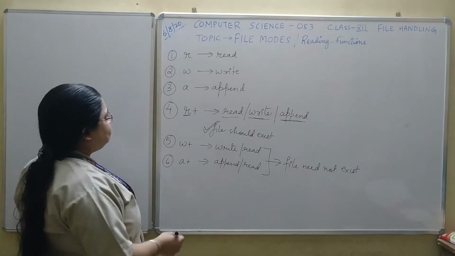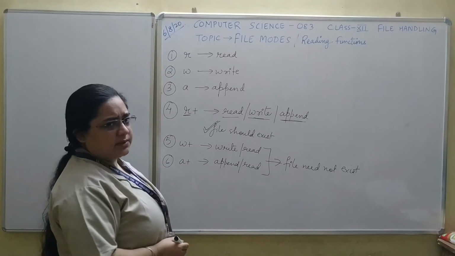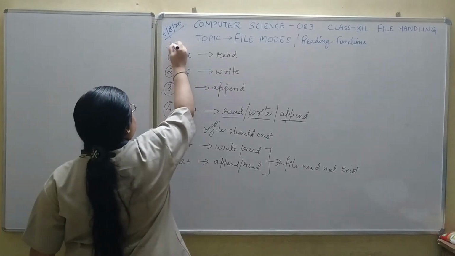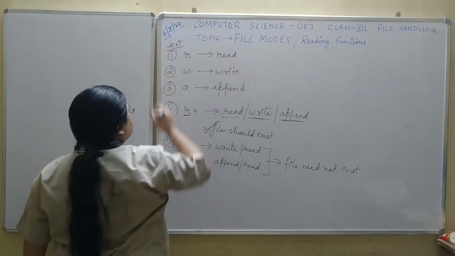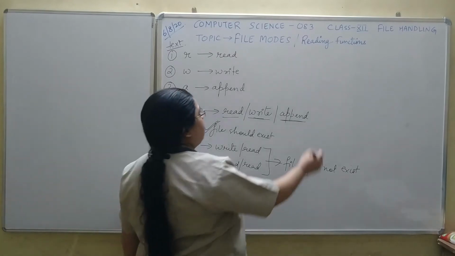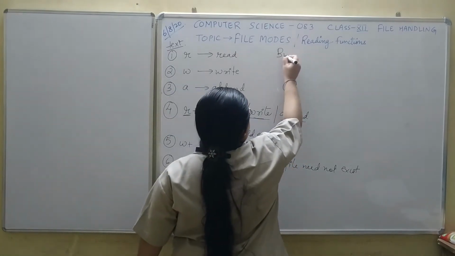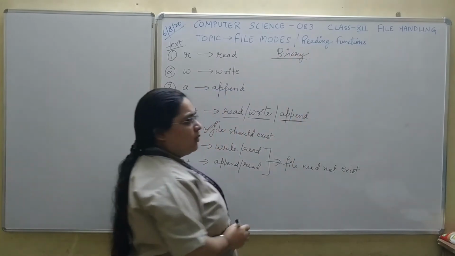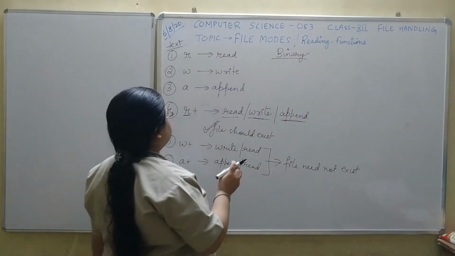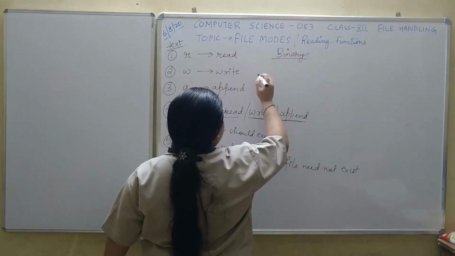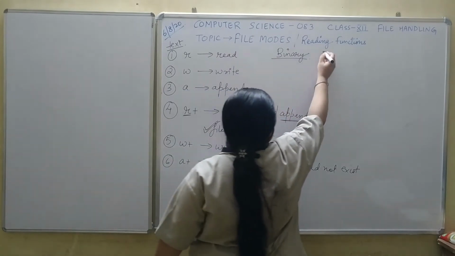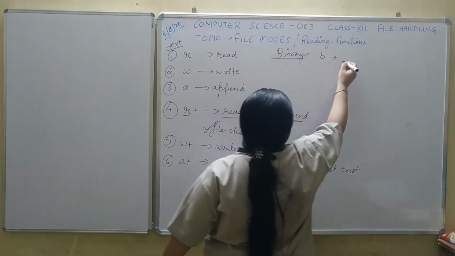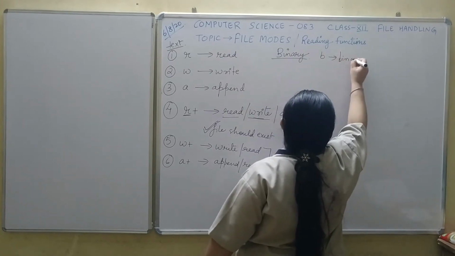Now students, all these operations were for text files. We also have binary files, and in binary files these modes are slightly modified because a B is also added there. B says that it is a binary file.